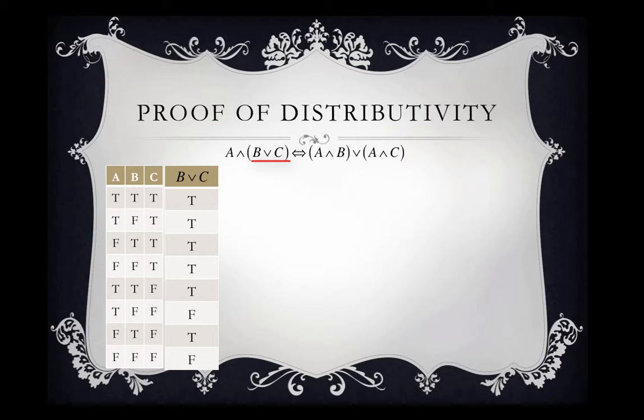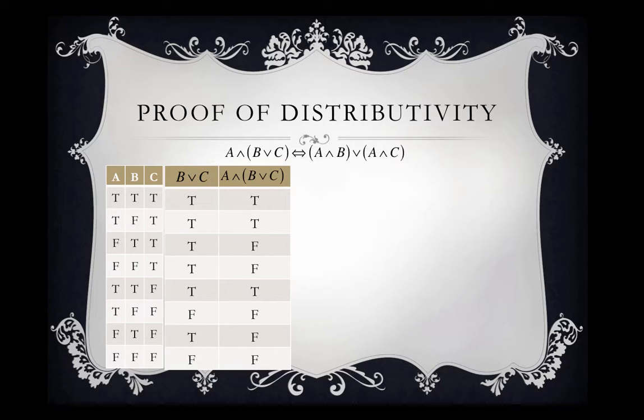Starting at the left side, we can see the truth table values of B or C. If you remember, if B or C is true, then B or C becomes true. Then we take that and ask when is (B or C) and A true, and we end up with the left side's truth table values.